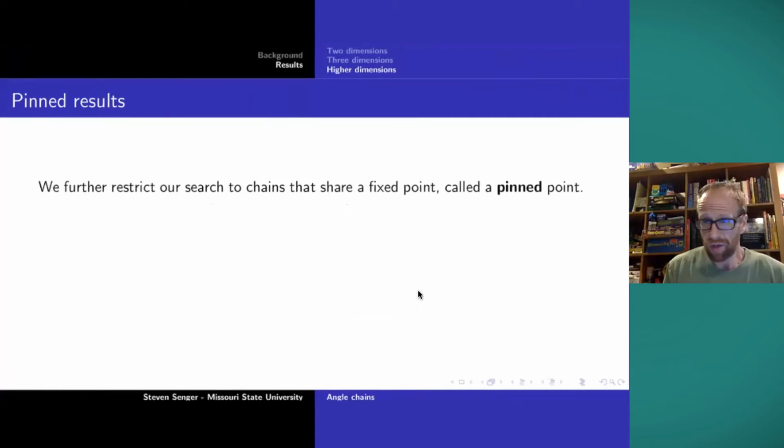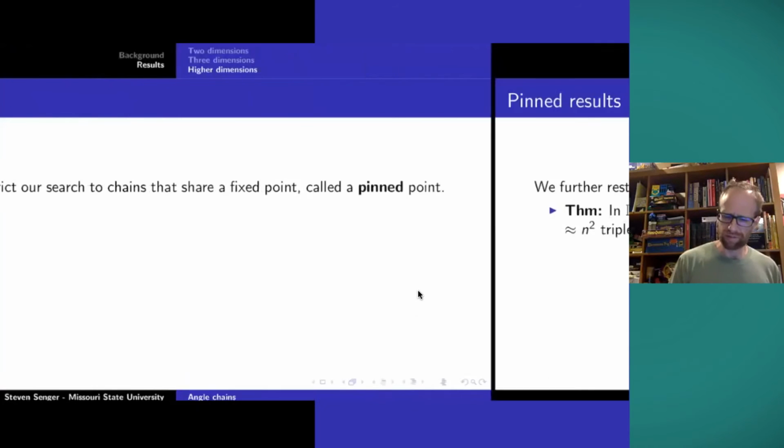So the last thing that I wanted to mention, as the title of the talk indicated, is some pinned variants. And again, this harkens back to the main theme of these angles, that they're fundamentally different than a lot of other things that I've studied, these Erdős type discrete geometric combinatorial problems, because the point that you pin really matters.